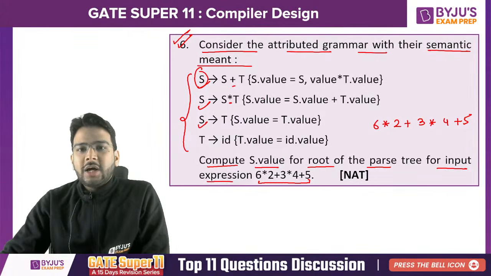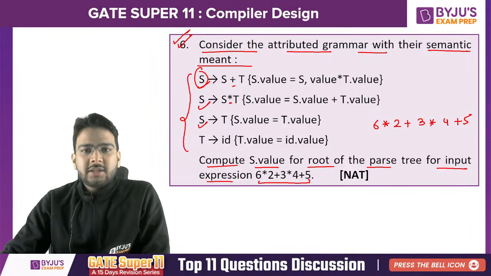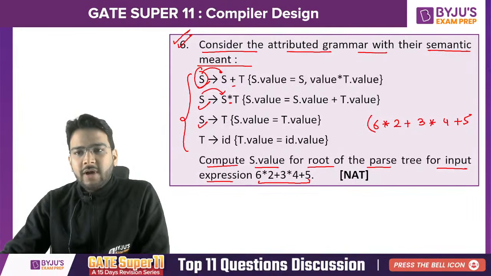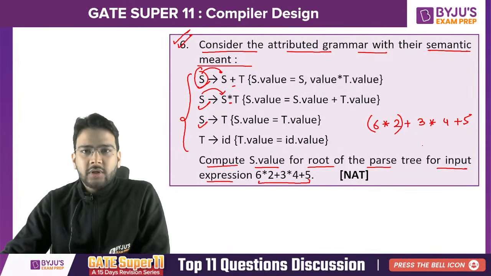Correct. So that means the precedence is the same, right? It is the same. So what we can do, we can try to evaluate, and we can see the associativity, both are left associative. So if we evaluate this first, and then if we evaluate this first, so what do we get?